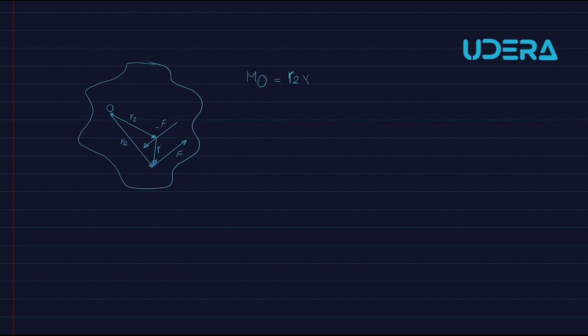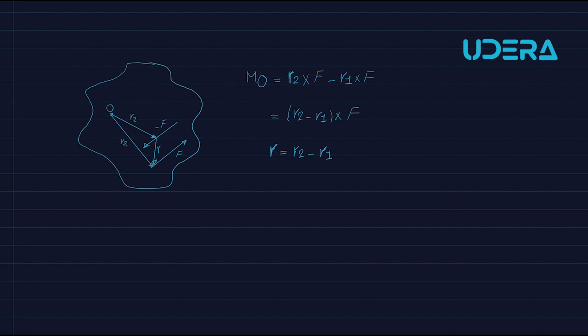R2 cross product F minus R1 cross product F. It can be written as R2 minus R1 cross product F. Recalling from the vector subtraction tutorial, R is equal to R2 minus position vector R1.